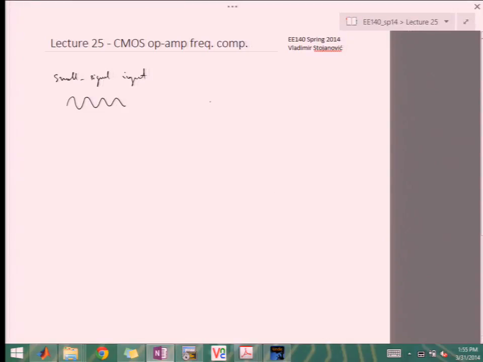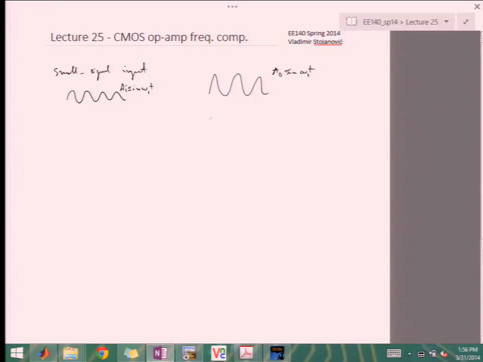At some frequency, it will be amplified: if this is AI sine omega t, this will be AO sine omega t, or some smaller amplitude at a bigger frequency, right?